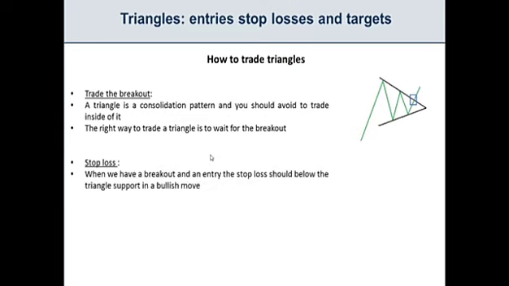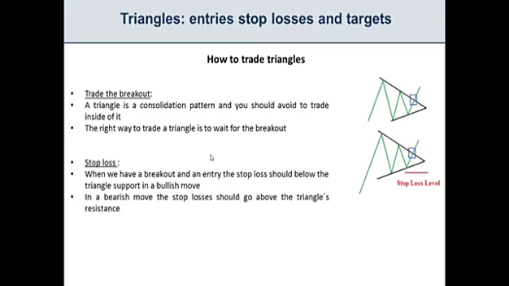So when we have a breakout and an entry, the stop loss should go below the triangle support in a bullish move, and in a bearish breakout, the stop loss should go above the triangle's resistance. And here's an example of where to put your stop losses.